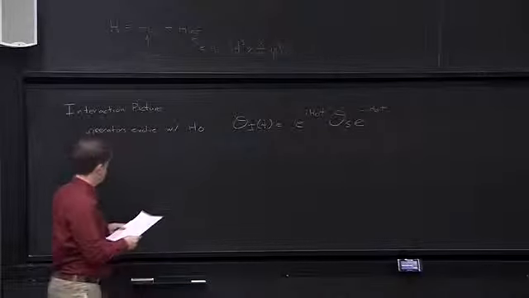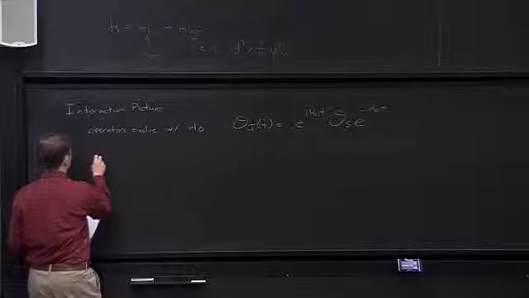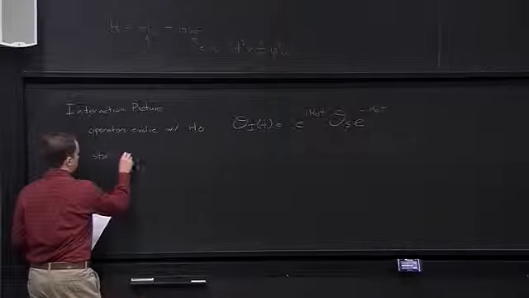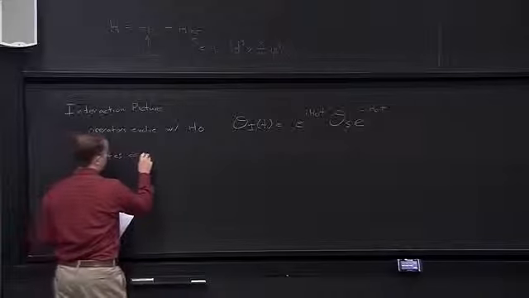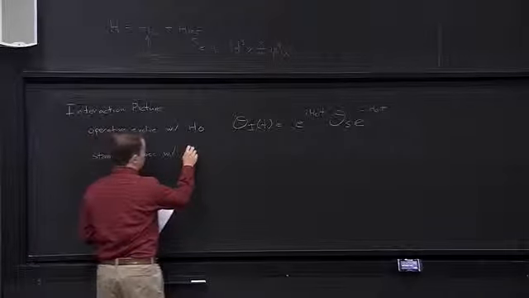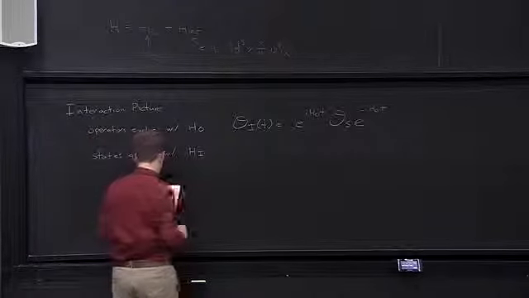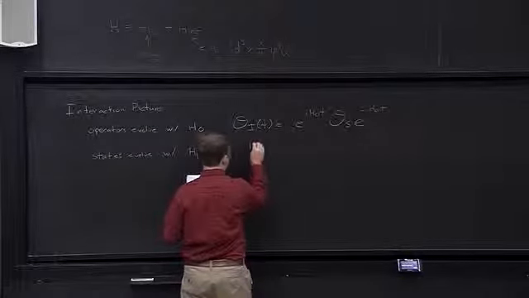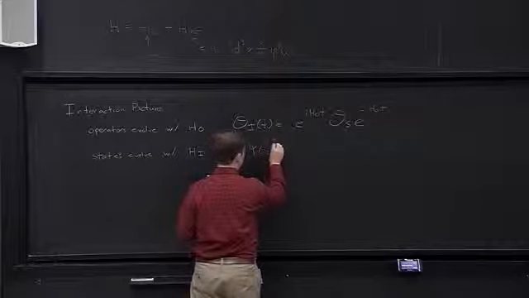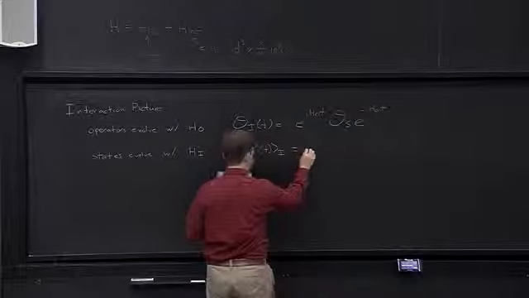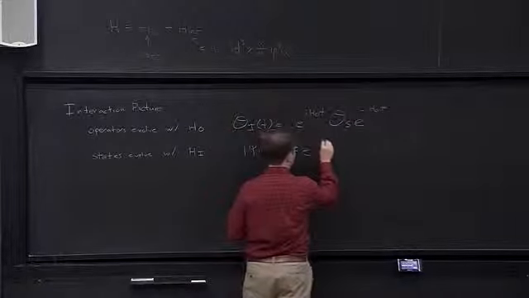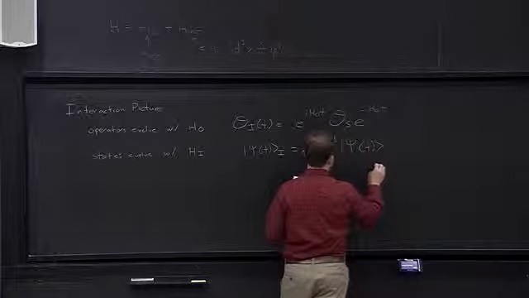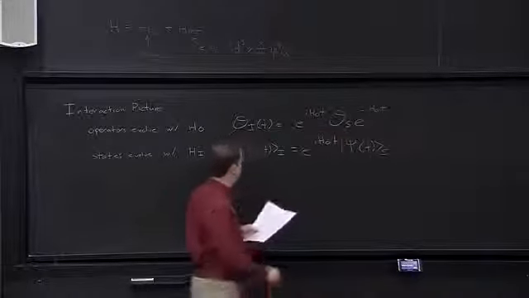And the states evolve with the interaction Hamiltonian. We'll see that in a minute. The way the states are defined in the interaction picture is that they are defined to be e to the iH naught t times the Schrodinger picture states.